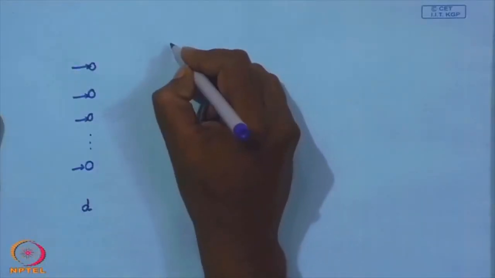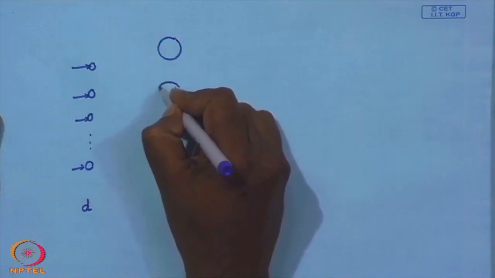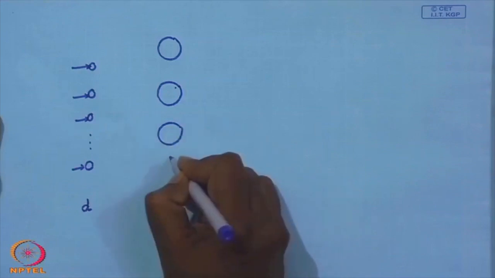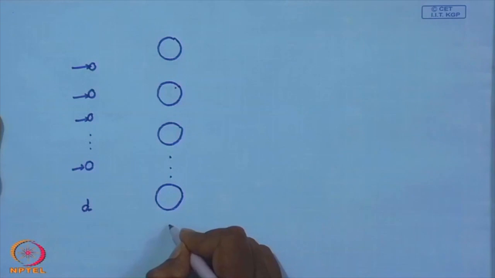In the hidden layer, I will have a number of nodes, and suppose the number of nodes in the hidden layer is M. As we discussed in our previous class, the purpose of the hidden layer nodes is to project the d dimensional feature vector into a higher dimensional feature vector.